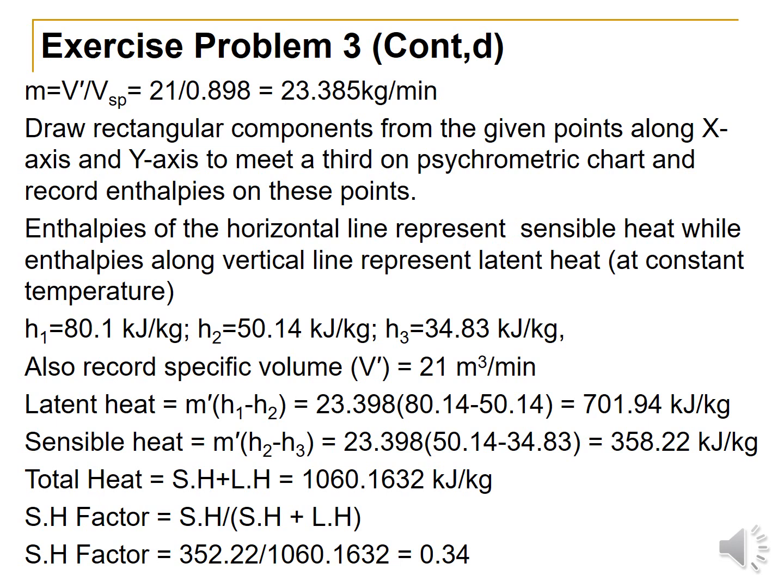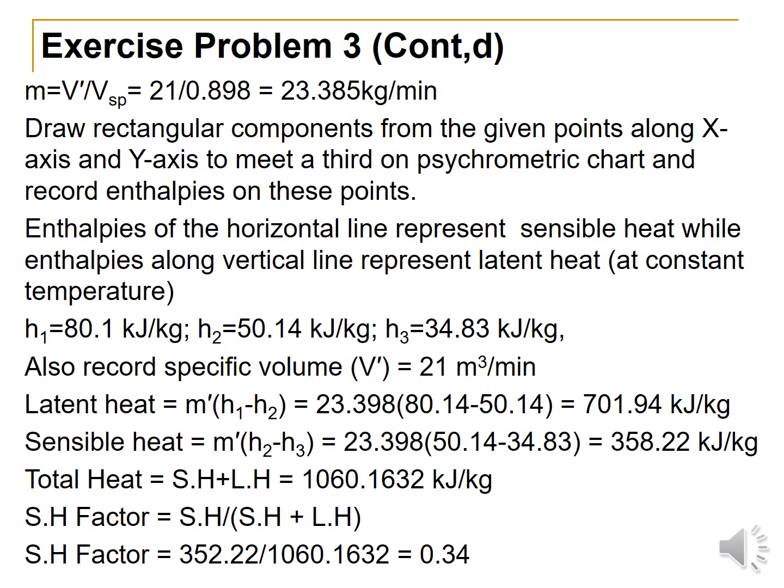Also recorded specific volume as 21 cubic meter per minute. Latent heat by using the formula m prime into h1 minus h2 was found to be 701.94 kilojoules per kg, and sensible heat by using the formula m prime into h2 minus h3, its value comes to be 358.22 kilojoules per kg.